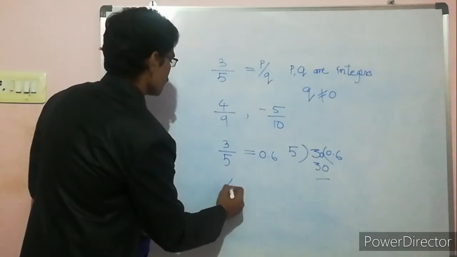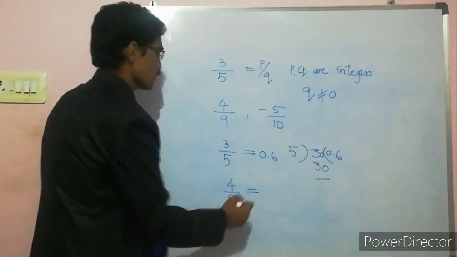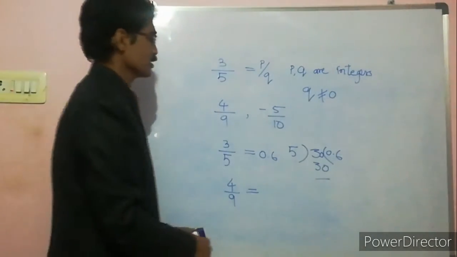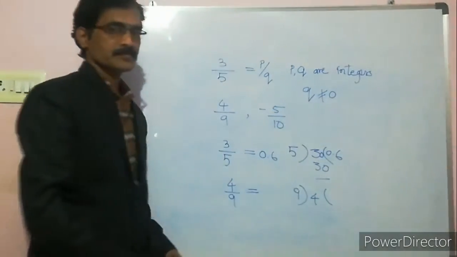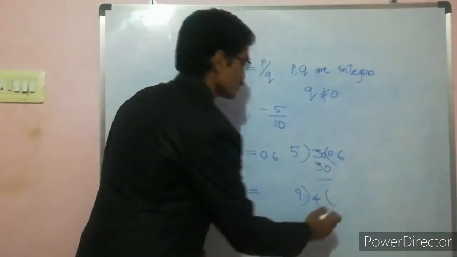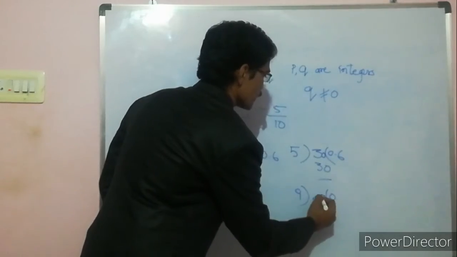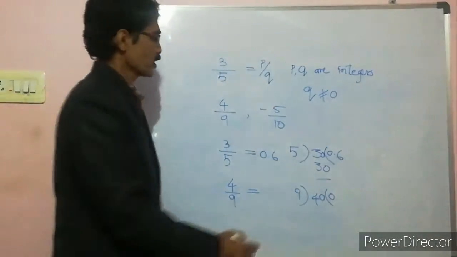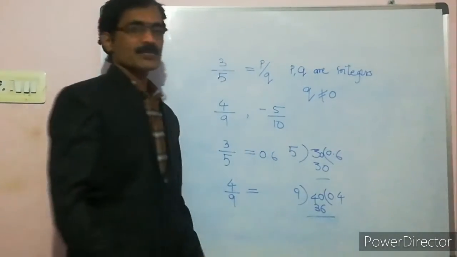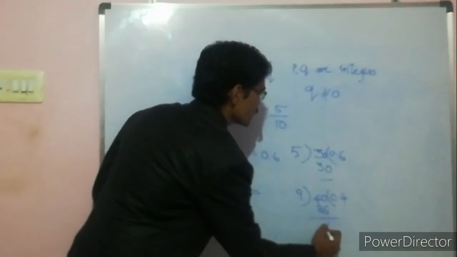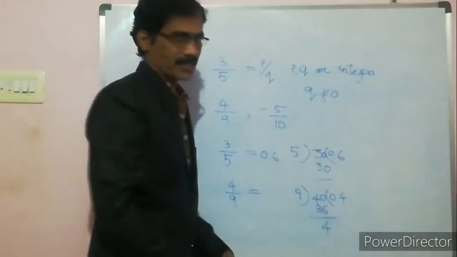Now 4 by 9. What is the decimal form of 4 by 9? 4 is divided by 9. It is not possible, so you keep 0 point and here you write 0. 9 times 4 is 36. What is the remainder here? You get 4 in the remainder.